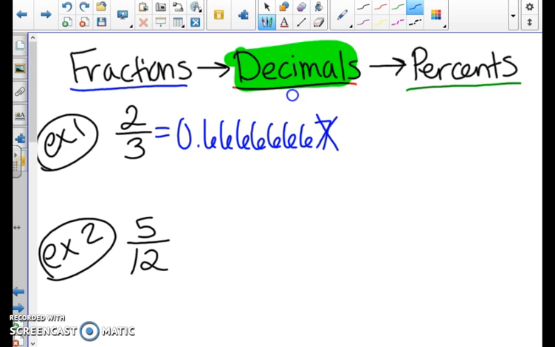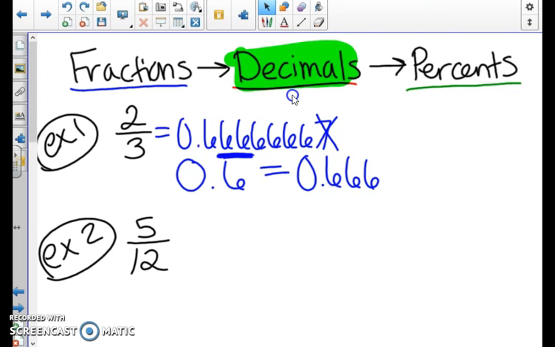So the way I would write that as a decimal is 0.6 repeating. Now, most of these I'm going to want to go to 3 decimal places. So if it says round to the nearest hundredth or thousandth, you would go ahead and round that, or you would write that as 0.666. But the correct answer is going to be with the line over it because that's repeating.